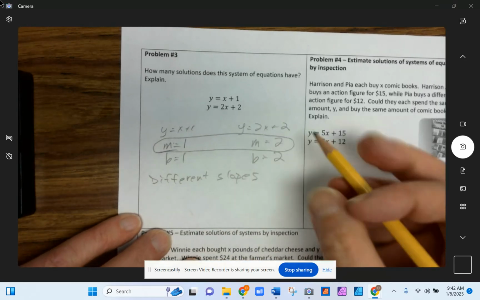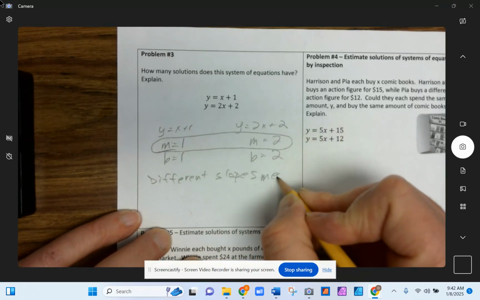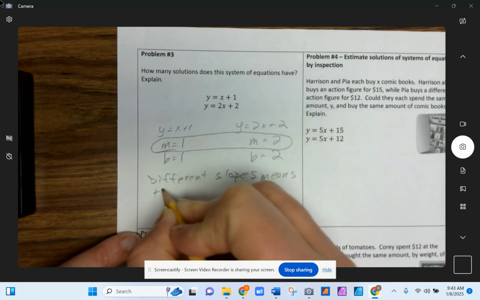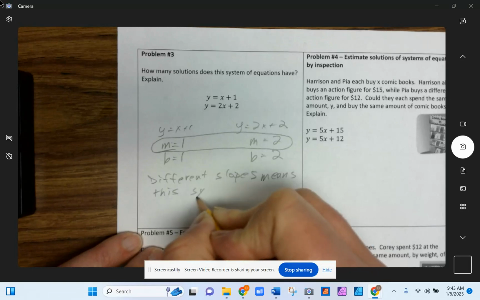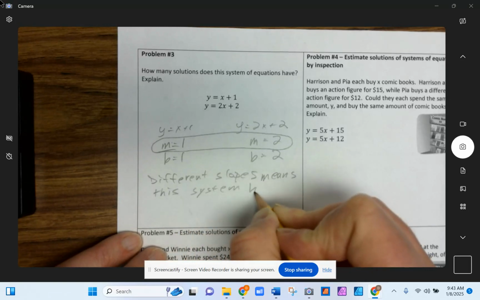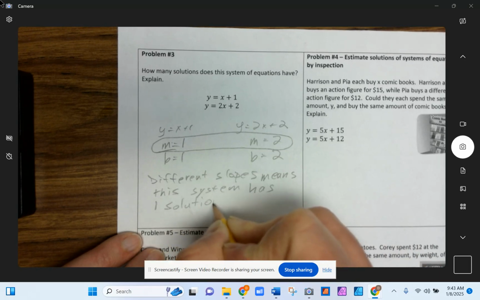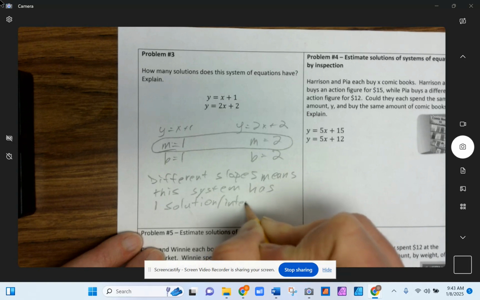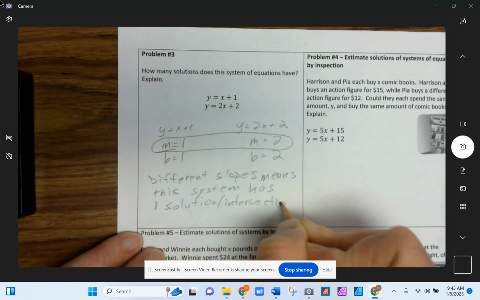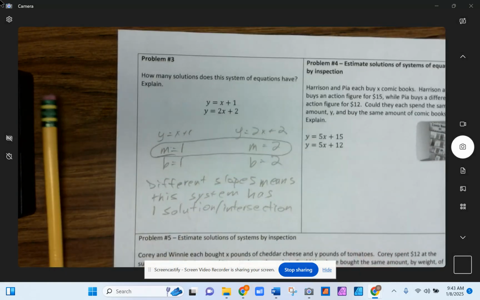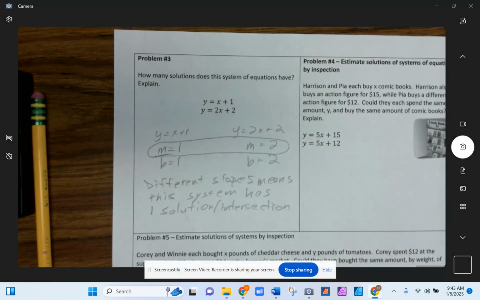but different slopes means this system has one solution or intersection. Okay, I just want to be very clear that a solution is where the lines intersect. If we were to graph this, let's do that real quick. I'm just going to use Desmos.